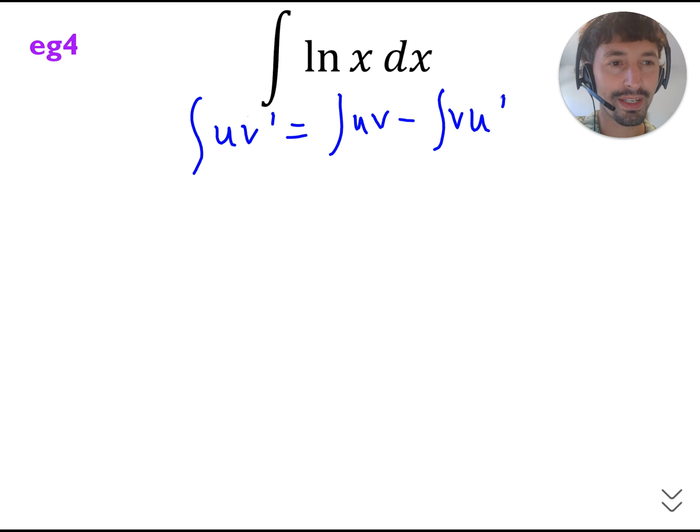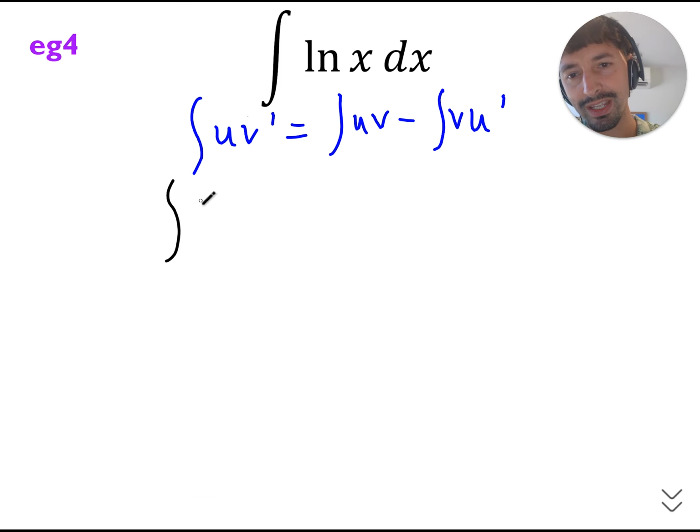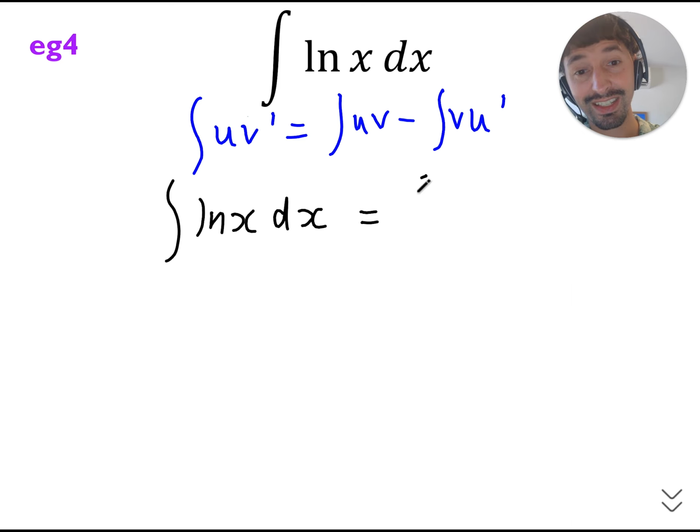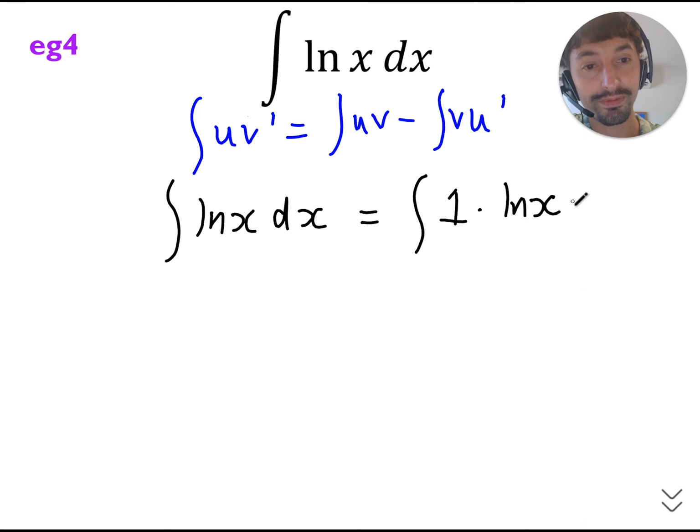And you might be thinking, okay, well, here I don't actually have two bits to it. It's just the natural log of x. So the trick here is to think, whenever you've got something that's on its own, it is technically multiplied by 1. So if we write the natural log of x as 1 times ln x, we now give ourselves two parts to which we can use the integration by parts formula.